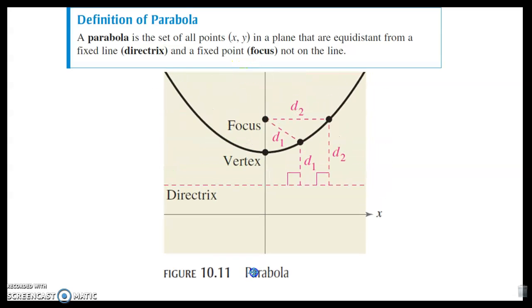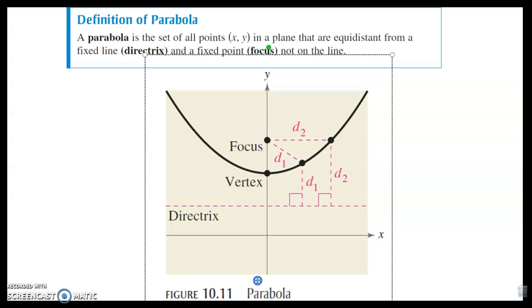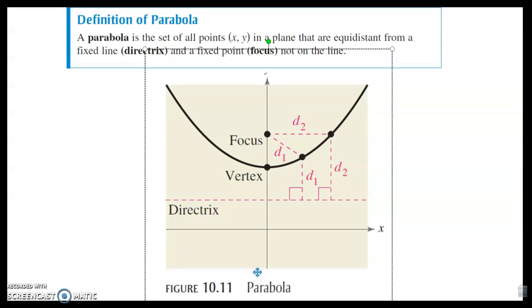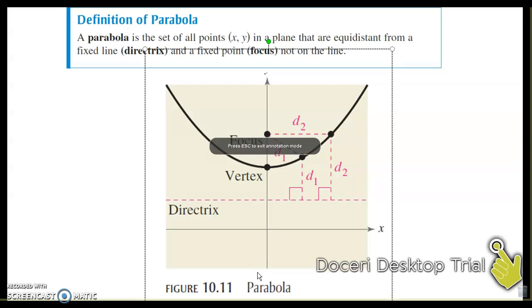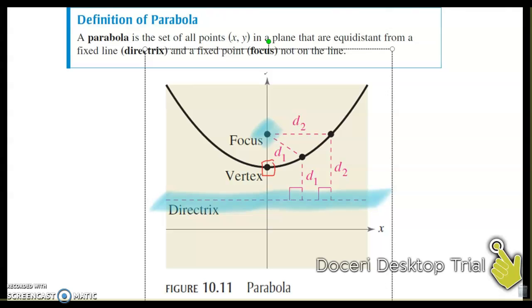So it's going to look something like this. Right here we have our fixed line, which is called the directrix, this dotted line right here. And then we have our fixed point, which we call the focus, right there. And this guy right here in the middle, the vertex, we already know how to find that, right?